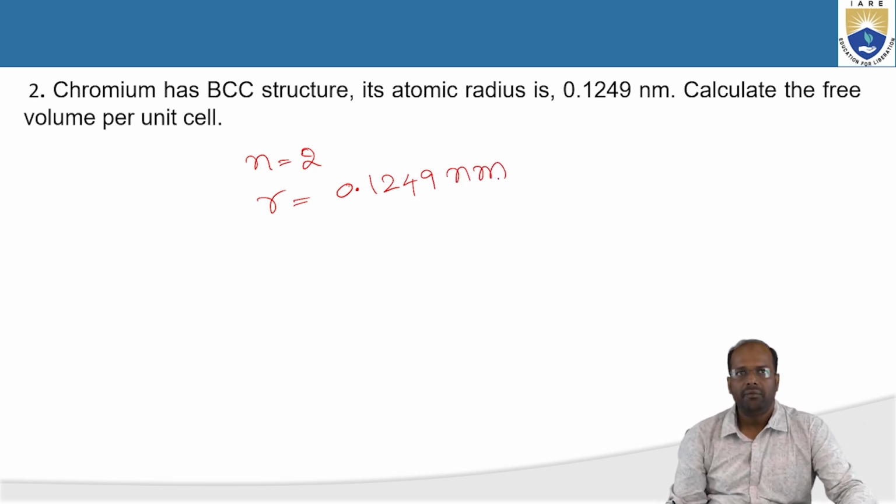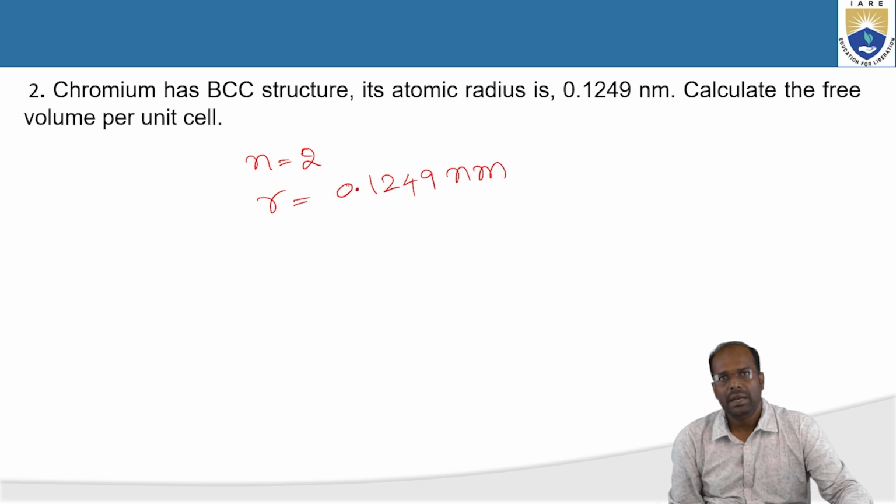Calculate the free volume per unit cell. For a body centered cubic structure, the atomic packing fraction is 68 percent. Free volume is how much? It is 1 minus 0.68, which is 0.32.